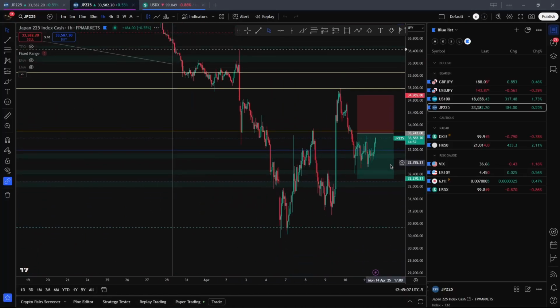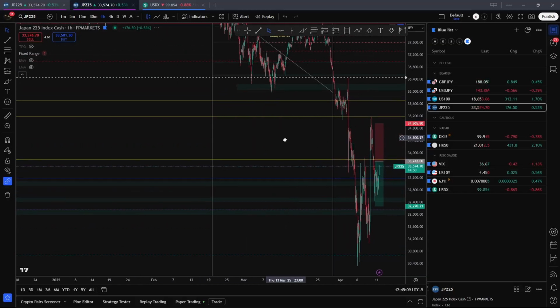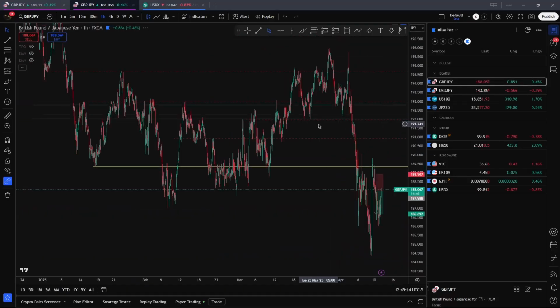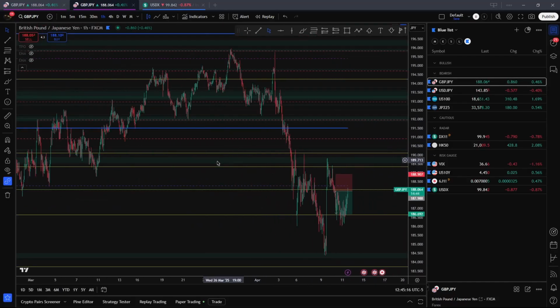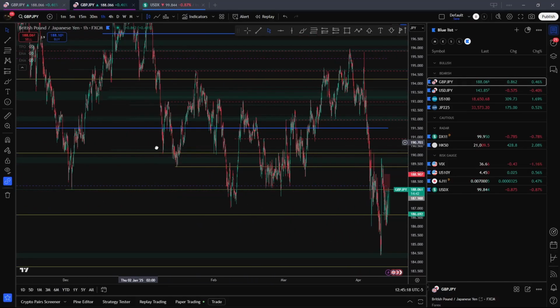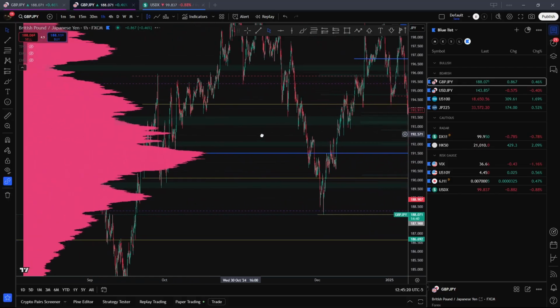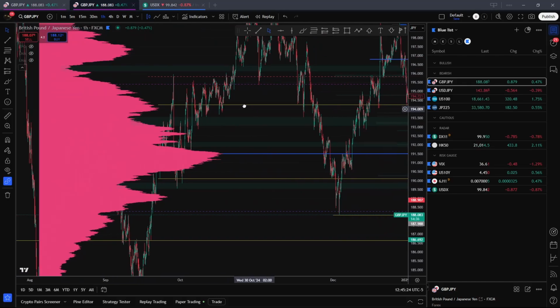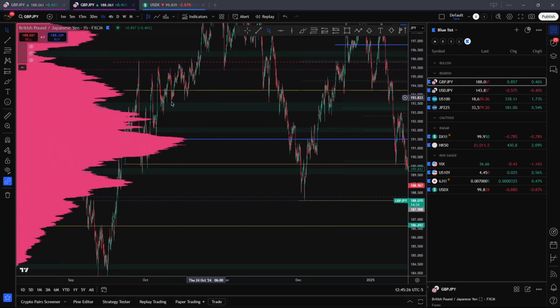Then I head to the charts and I use a volume profile. If you don't know what volume profile is, you probably should. Volume profile is this right here. You have to have the Essential plan on TradingView, I think, to get access to volume profile.